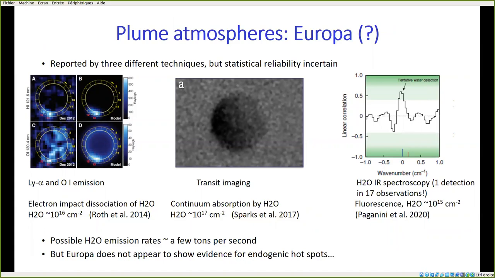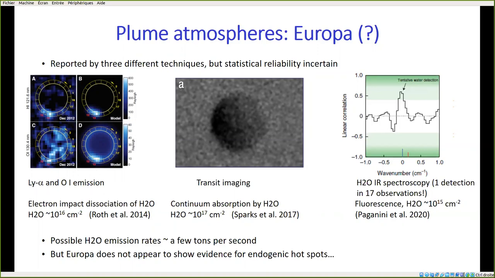One is the use of UV line imaging with the search of oxygen, neutral, and Lyman alpha hydrogen emission. The other technique is the search for plume opacity as in transit against Jupiter, when Europa transits Jupiter. And the third method is a direct search for water fluorescent emission from the plumes.